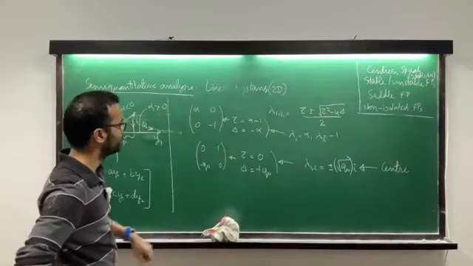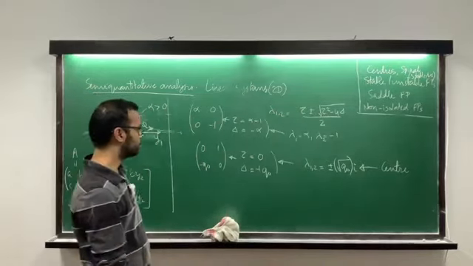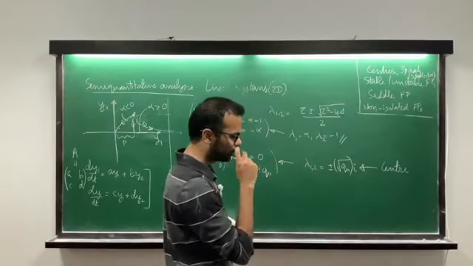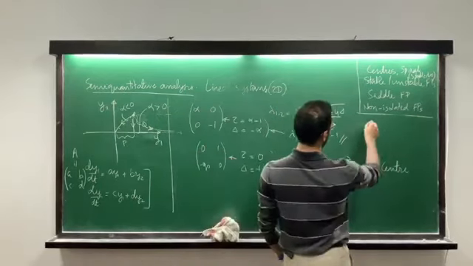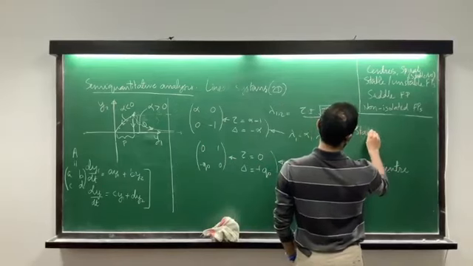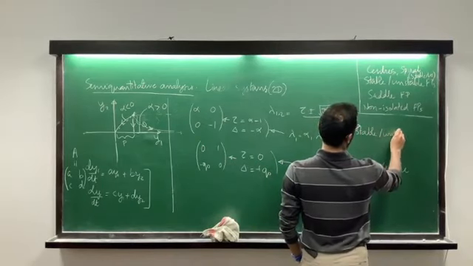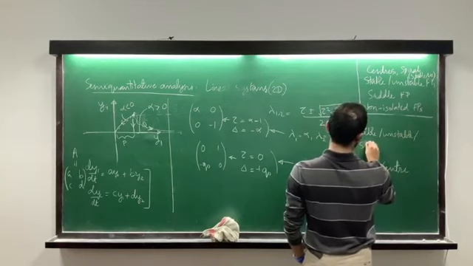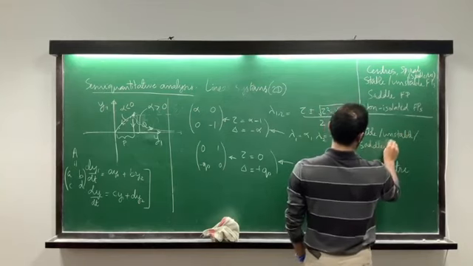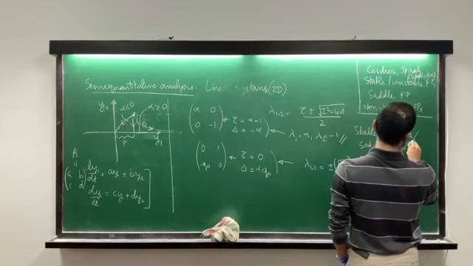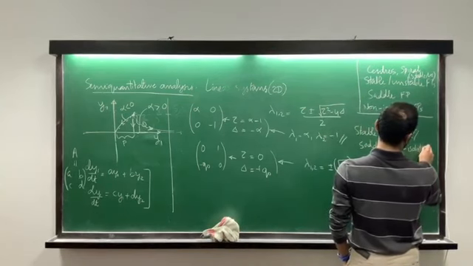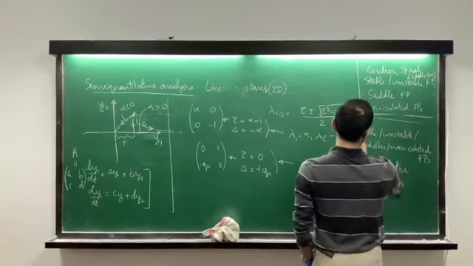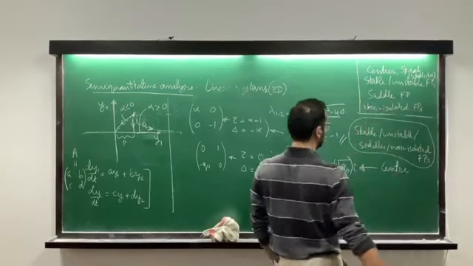In the first case, the two eigenvalues are both real. So when you have real eigenvalues, you either get stable or unstable, or you get saddles, or you get a non-isolated fixed point.